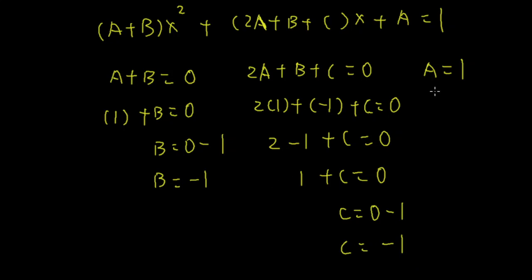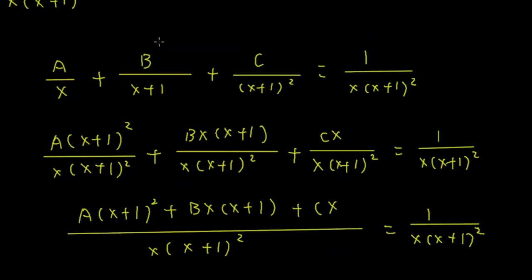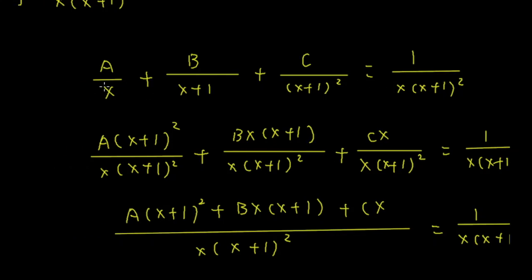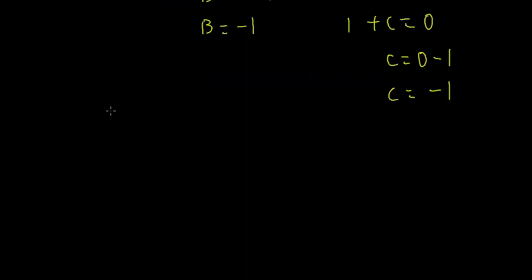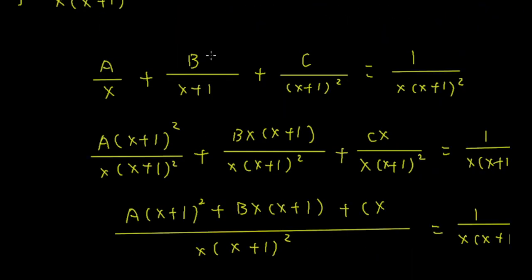Okay, now we know all A, B, and C. So we can plug them into this expression here, right? The A, B, and C. So A is 1. So we have 1 over x plus, now B is negative 1. So here, negative 1 over x plus 1.